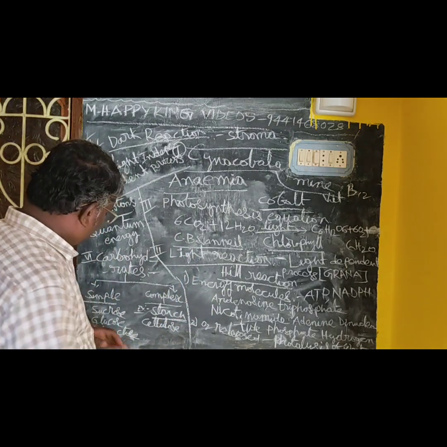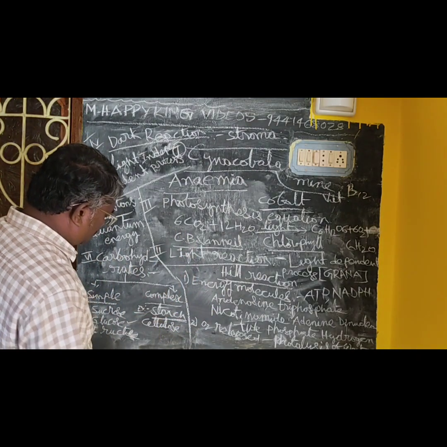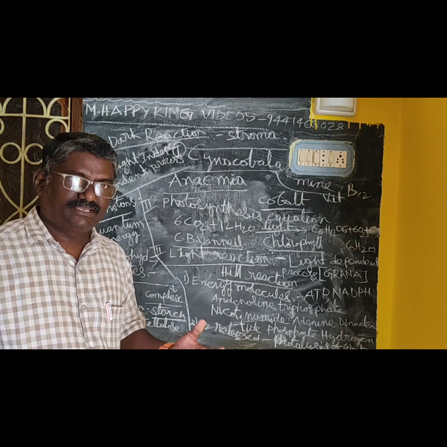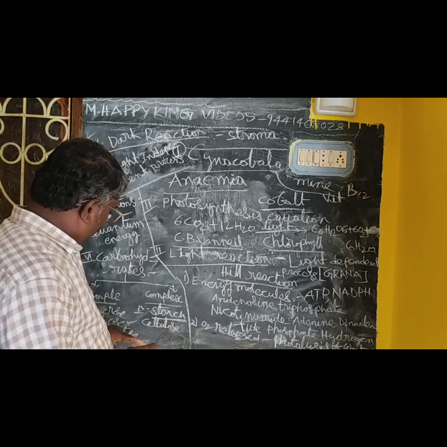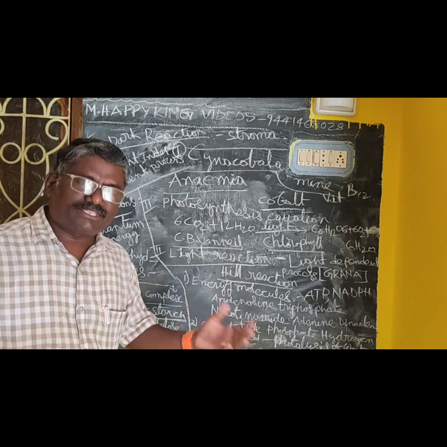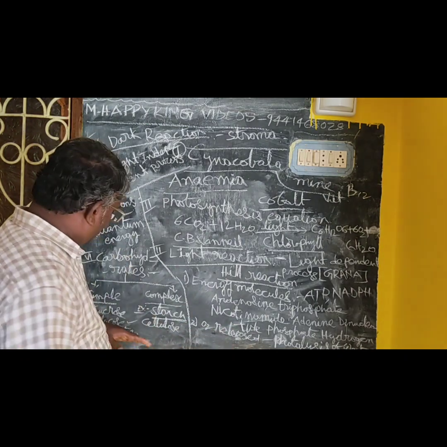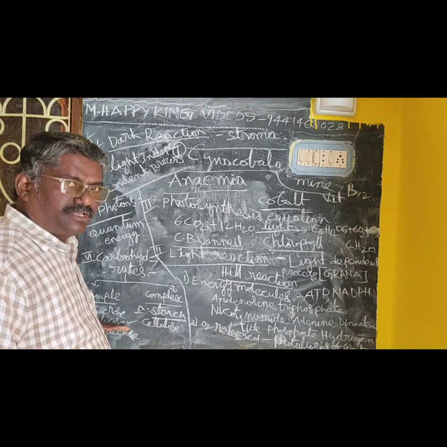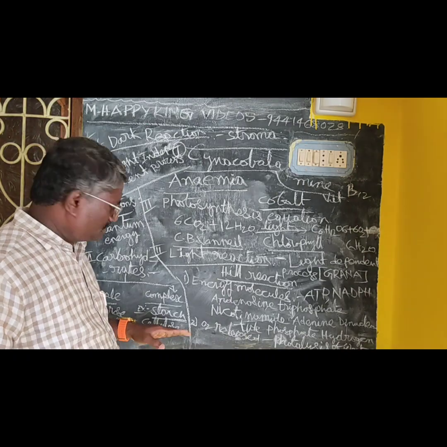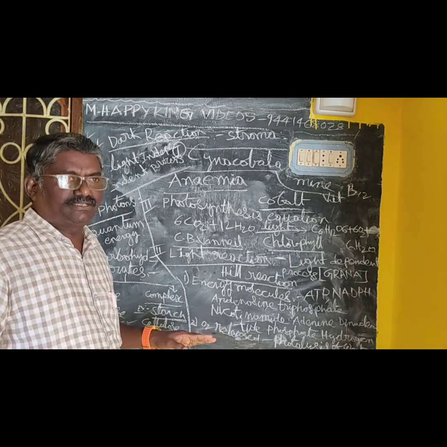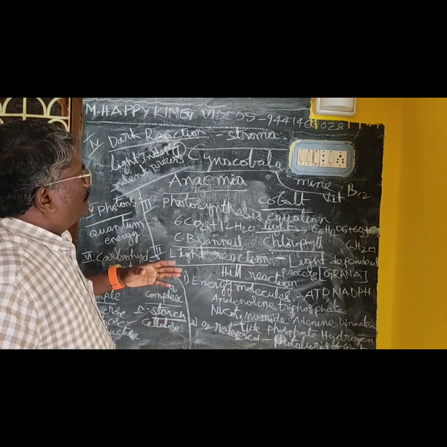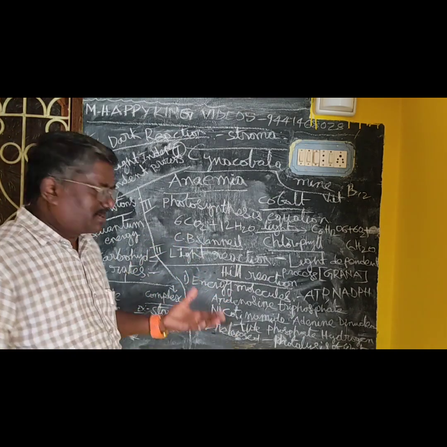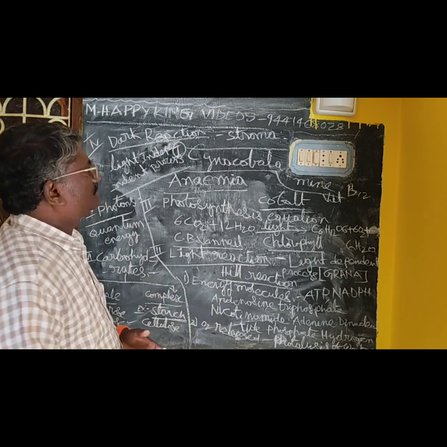Glucose is the circulating form in plants. They circulate this glucose to all cells. The storage form is starch, a complex carbohydrate. So we learned many key points from these six concepts.